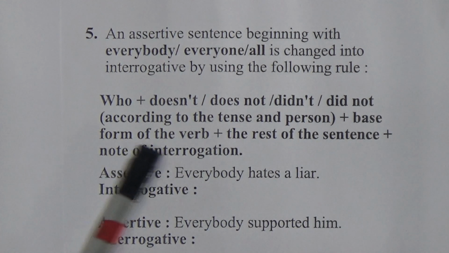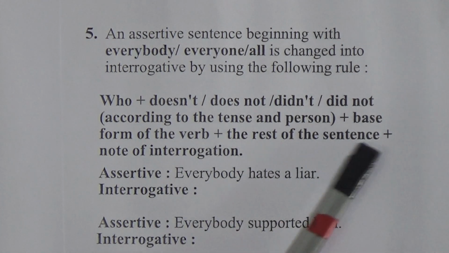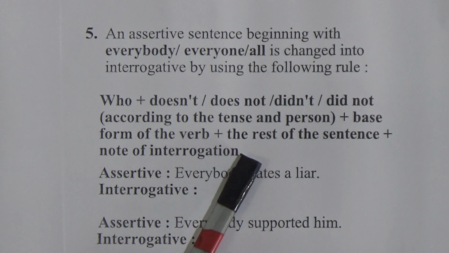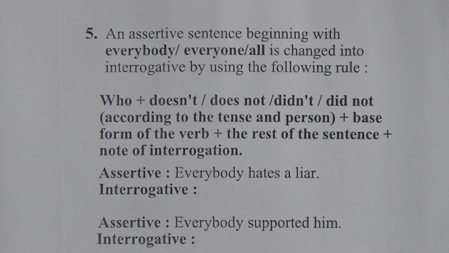Then base form of the verb, then the rest of the sentence plus note of interrogation. So we will start our interrogative sentence with who, then doesn't or does not, didn't or did not, according to the tense and the person or the subject. Okay. Then we will write the base form of the verb, that is the main form of the verb, and the rest part of the sentence, then the question mark.